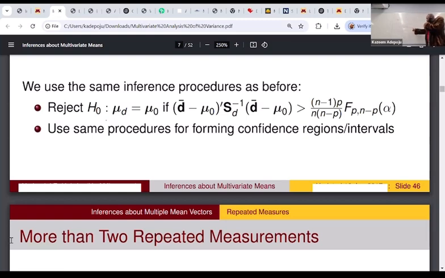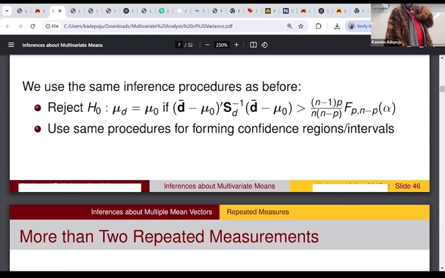The first variable, like I said, is endurance. The second one is agility, and the third one is reaction time. I wanted you to take note of that.